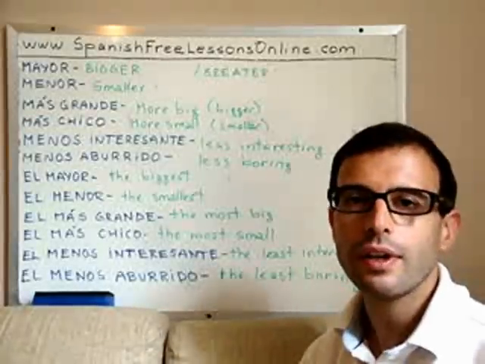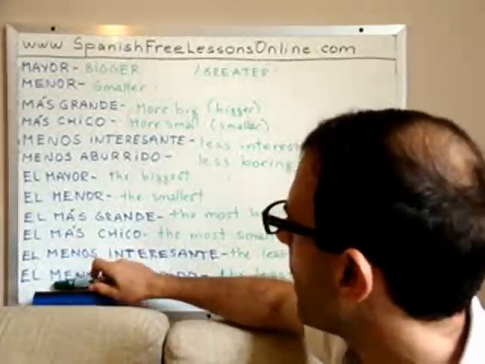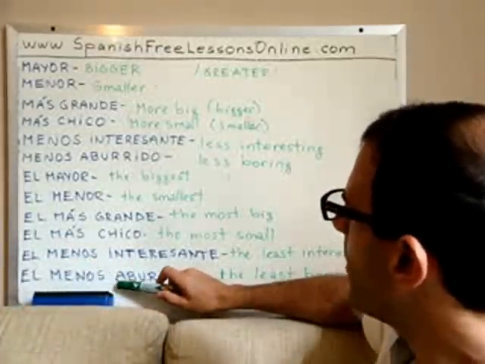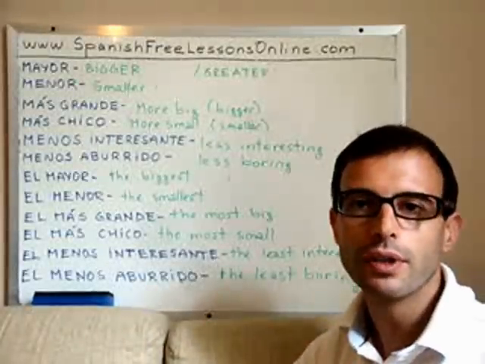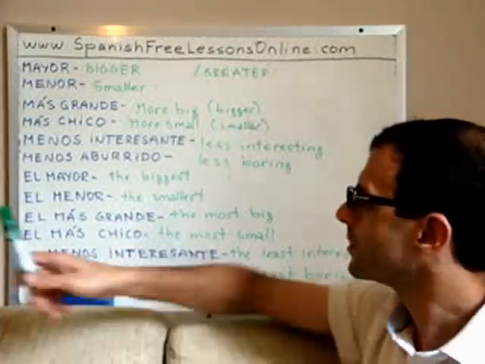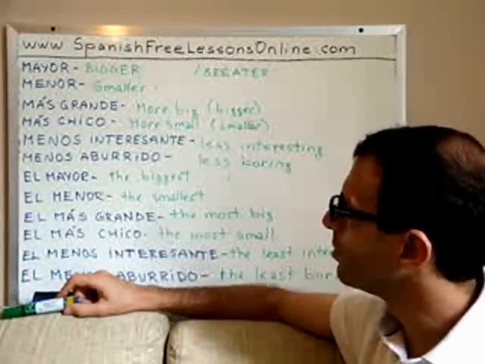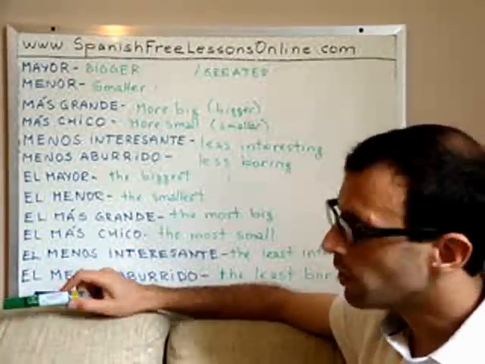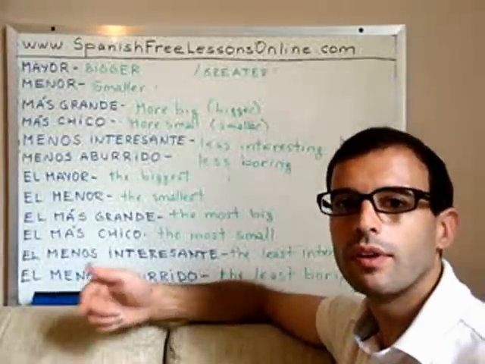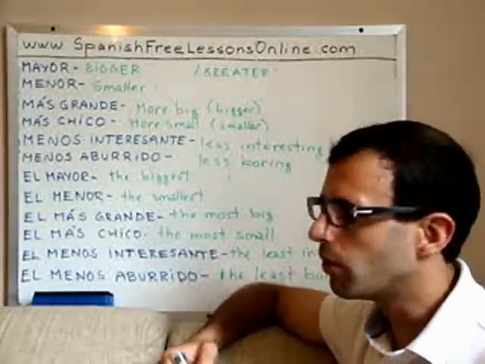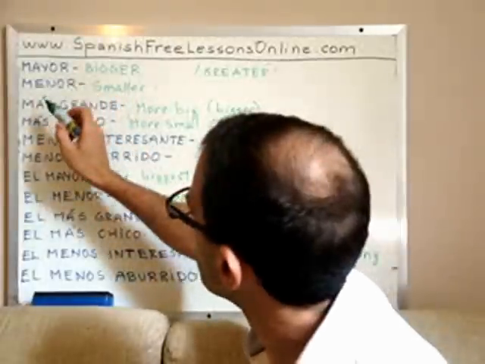The least interesting, or el menos aburrido, the least boring. So if you want to compare, this is less than this, or this is more than this, these would be the words for comparing, right?